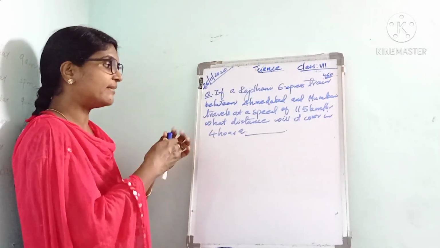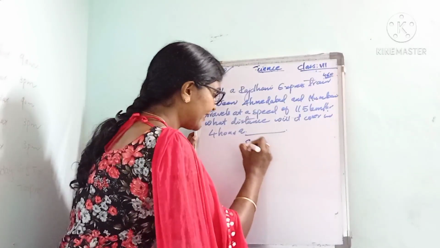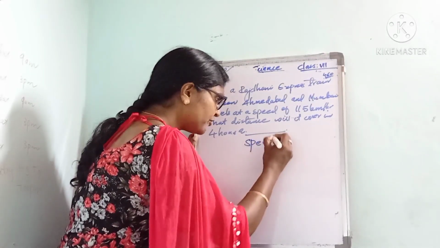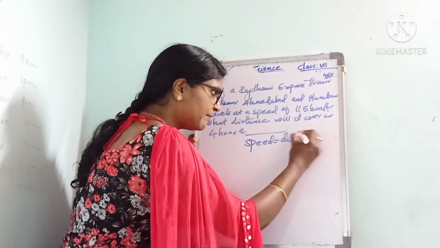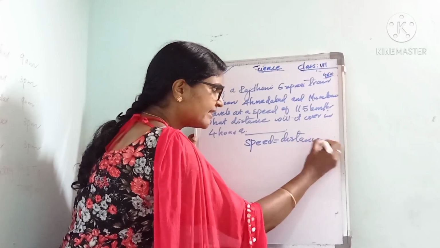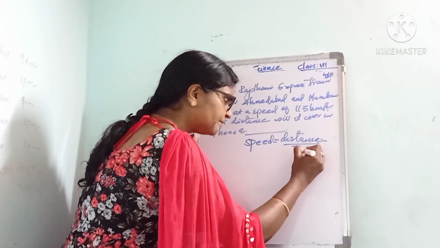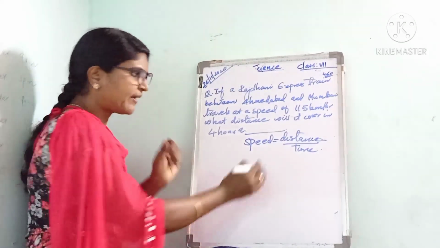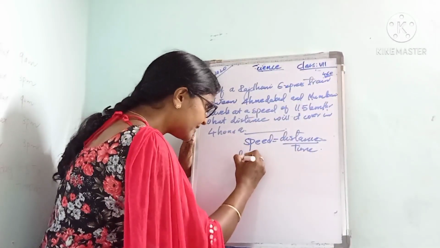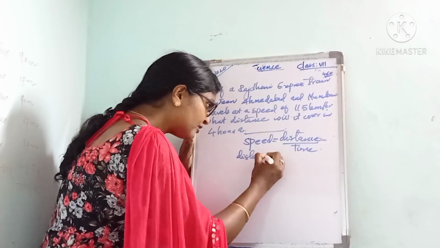Then you know the relation: speed equal to what? Speed equal to distance divided by time. It's very important. From this, how can we write the distance if the speed is known?